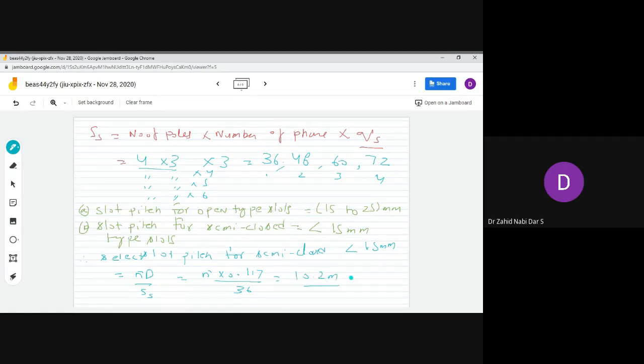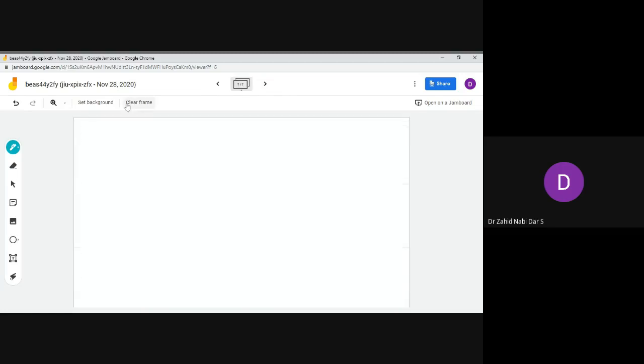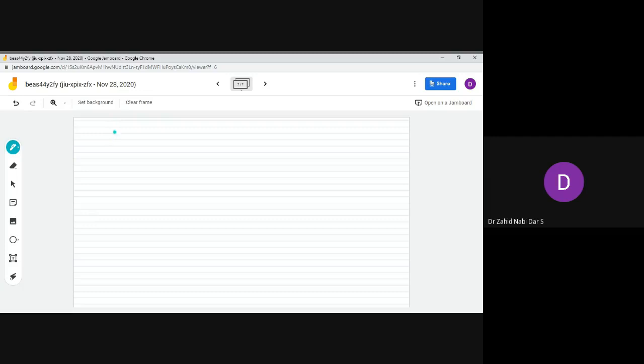This 10.2 mm is less than 15 mm, so this is good and working. The number of slots is only 36, so we need not check the other slot numbers because we already got a lesser number of slots. Lesser number of slots means the cost will decrease. With our first value we got the perfect match, so the number of slots would be around 36.